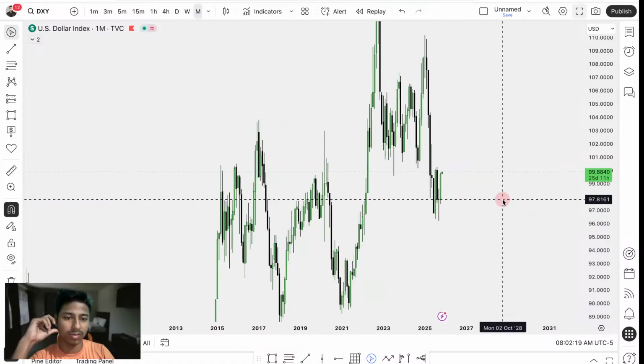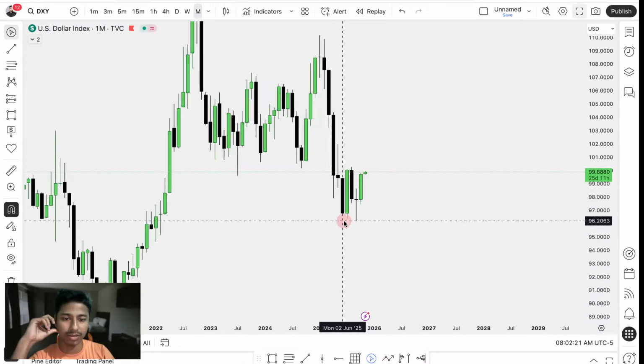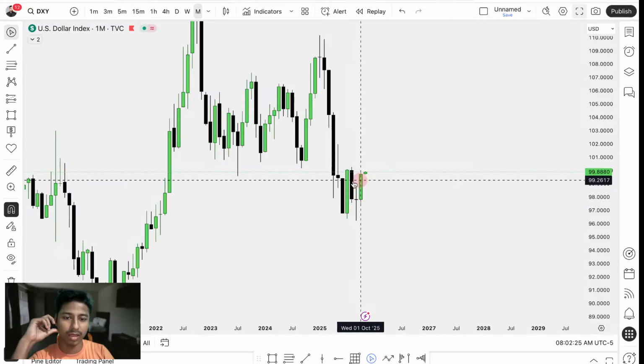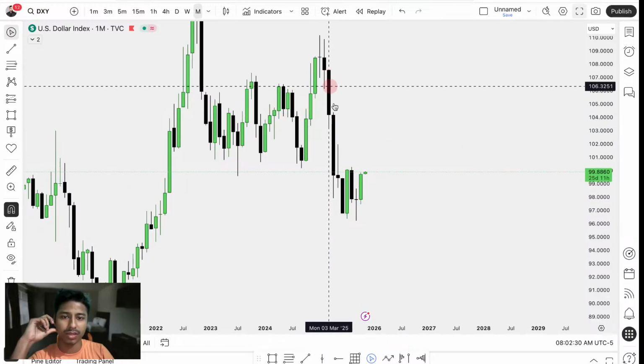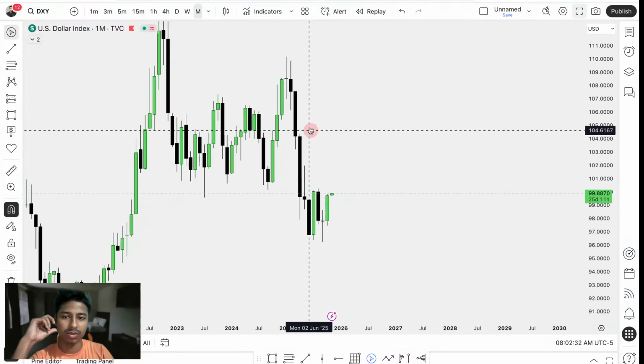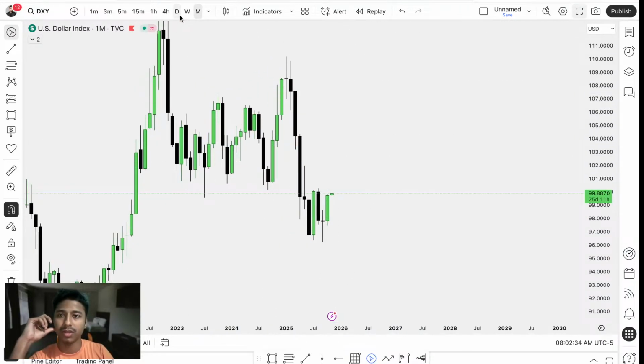This is actually monthly candle. If you see this closely, we took out this candle low and are just closing bullish. Maybe we want to fill these gaps. That's my bias in the long term.